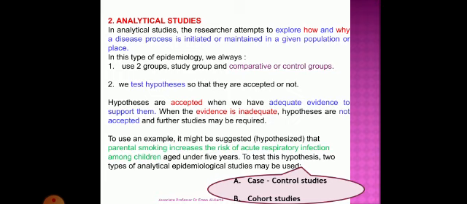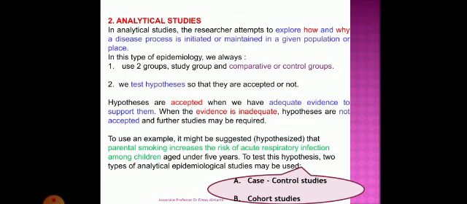This is an assumption that this respiratory tract infection is more common among children whose parents are smokers. So it is important to accept or refuse this assumption or this hypothesis by performing an analytical study.